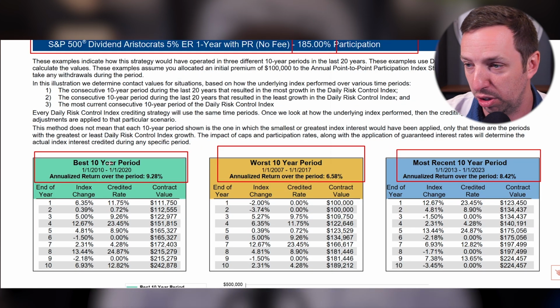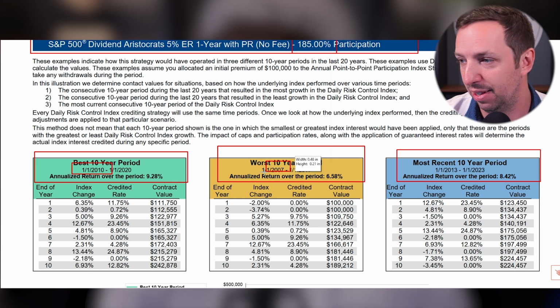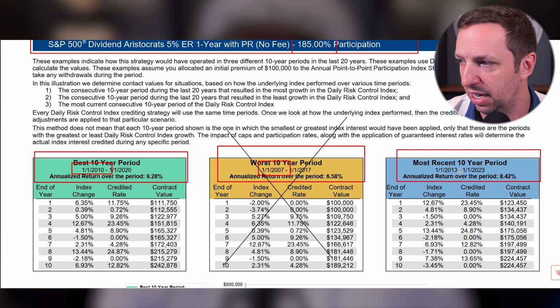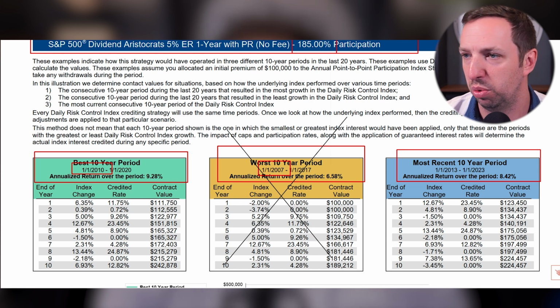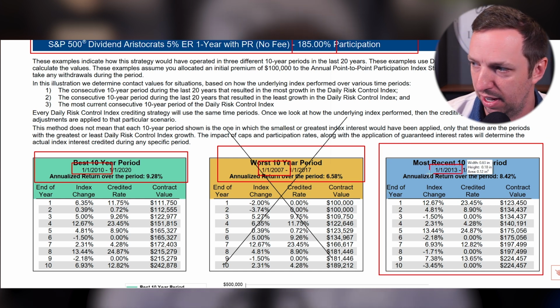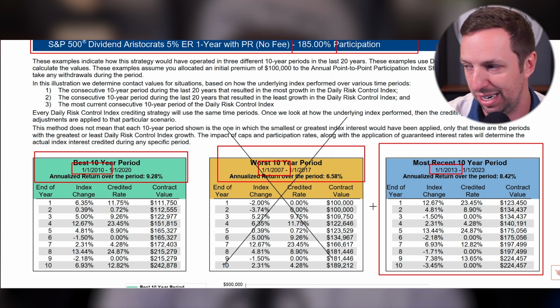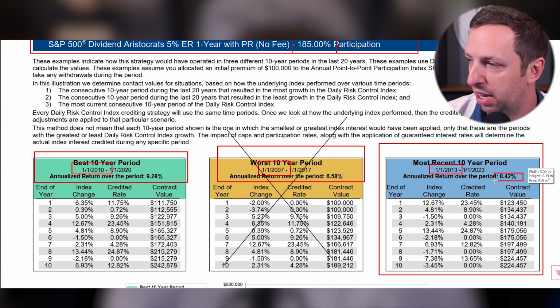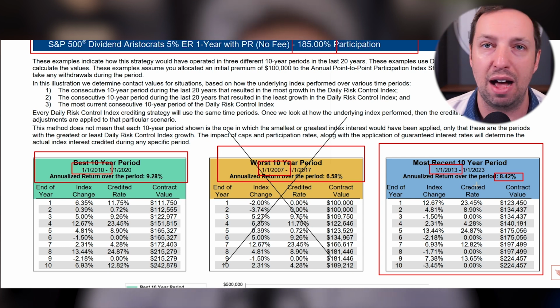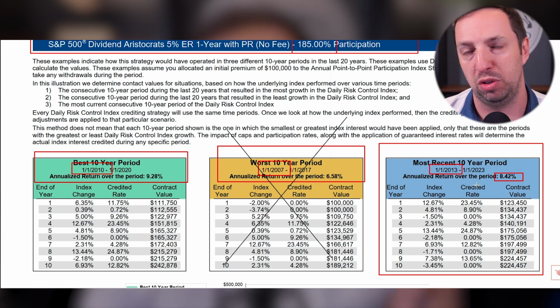The other one didn't happen because of the inception date; they're looking at 2007 to 17. This one's looking at 2013 to 2023. So this is real. This last one, this 10 most recent, is real because the index was live in 2010 and the start date here is 2013. So this is real, 8.42%, which is awesome. And I like that. But this is not the index that's driving the performance on this particular product.